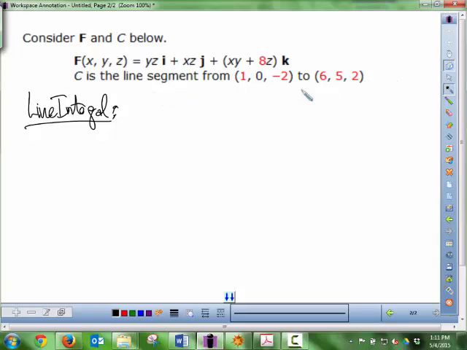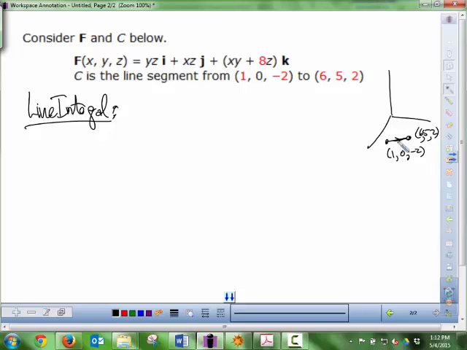This is in 3 dimensions. We're going to need to construct a line segment from (1, 0, -2) to (6, 5, 2). And since it is a line integral, the direction will matter.